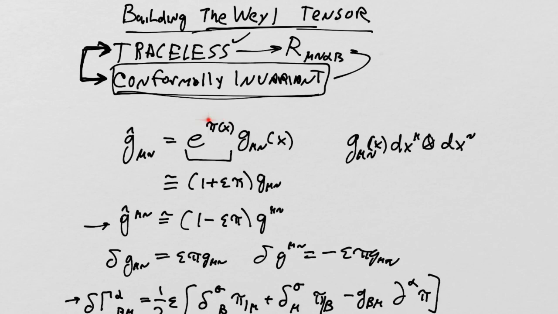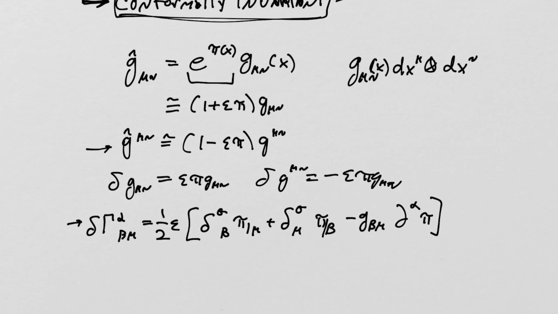If we're dealing with an infinitesimal transformation, which is what we're going to do, we write this conformal transformation in this way, and the inverse metric, we write it in this way. And the variation of the metric under this conformal transformation is a factor of epsilon pi, where epsilon is a small number. And the variation in the inverse metric is minus epsilon pi.